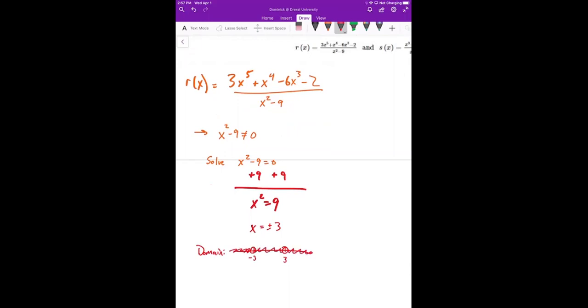So you could also say in interval notation that this is negative infinity to negative 3, parenthesis, and then parenthesis negative 3 to positive 3, and then finally from 3 to infinity. All right, but the idea is we don't want plus or minus 3.